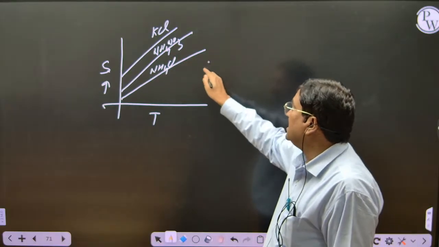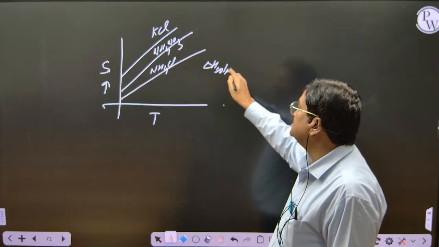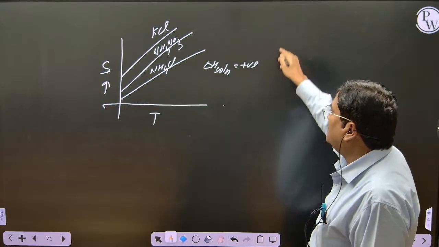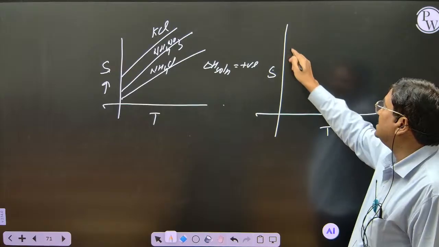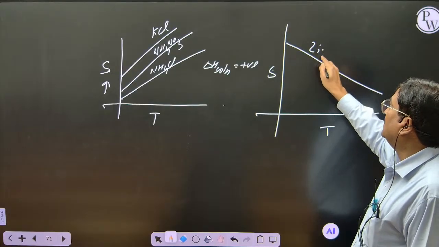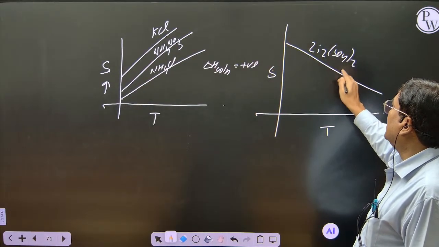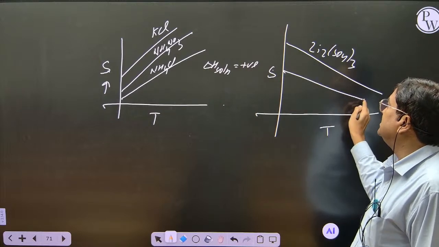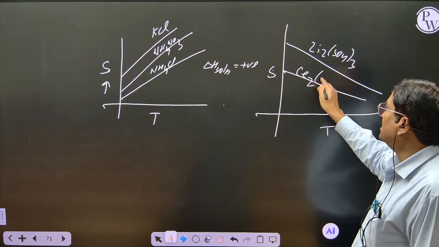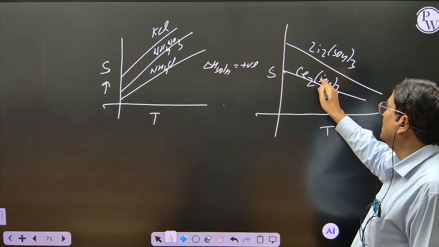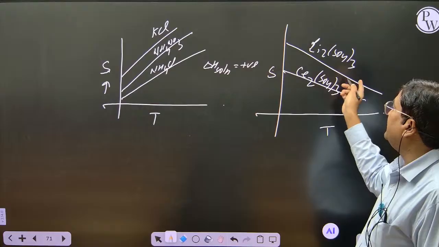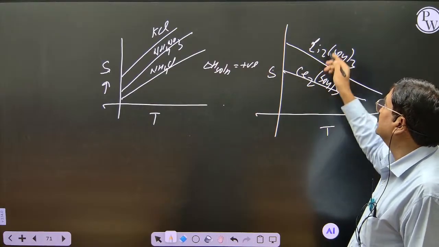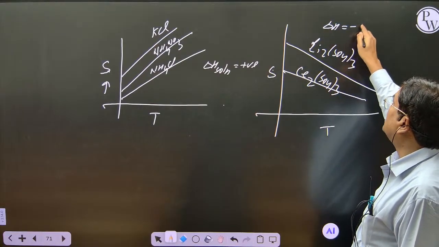Here delta H for solution is endo. And for a few substances, solubility decreases with increase in temperature, like lithium sulfate. Lithium is 1A group. And you know ceric sulfate. Cerium belongs to F block. Later you will study F block elements. Ceric sulfate, lithium sulfate: their solubility is decreasing, because the enthalpy of solution is exo.